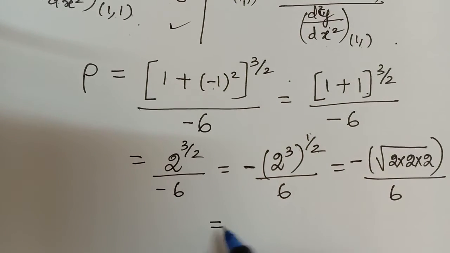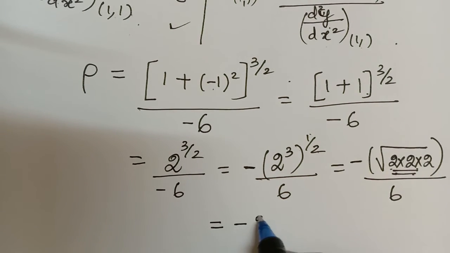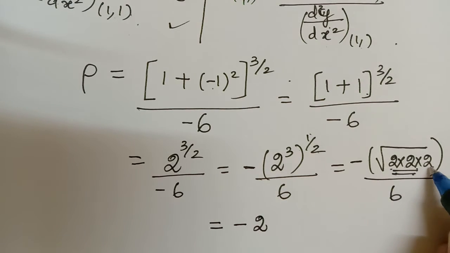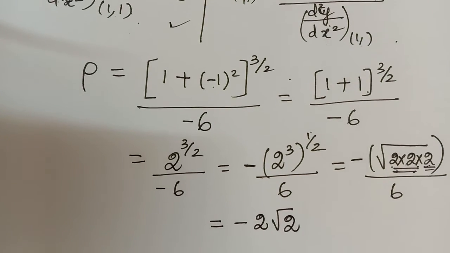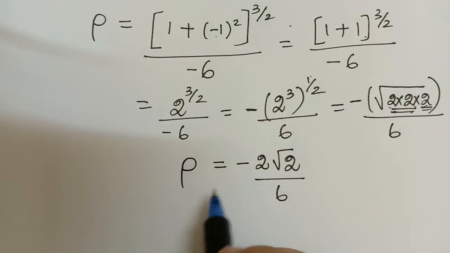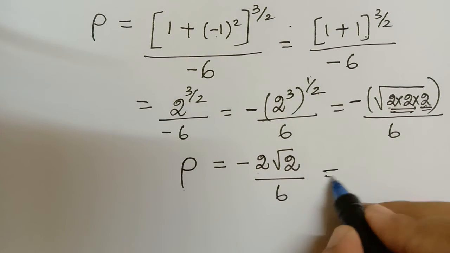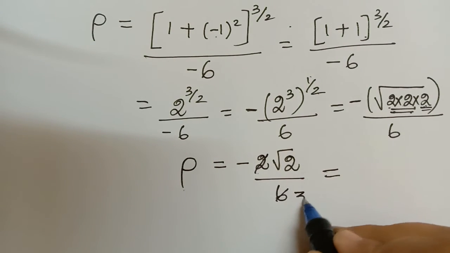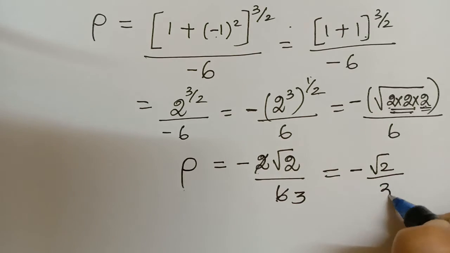So that's equal to, now these 2 times 2 is 4. So when it goes out of the square root, it will be 2. And this square 2 will be inside the square root. So 2 square root of 2 divided by 6. So therefore the radius of curvature rho is equal to minus 2 square root of 2 divided by 6. And this can be cancelled. And finally we get the answer to be negative square root of 2 divided by 3.